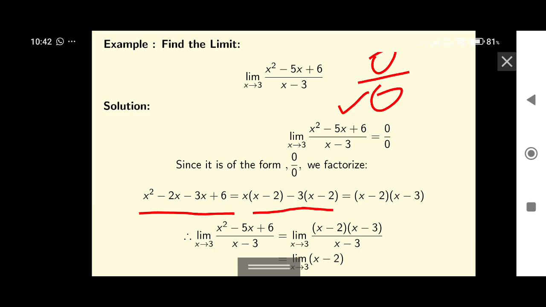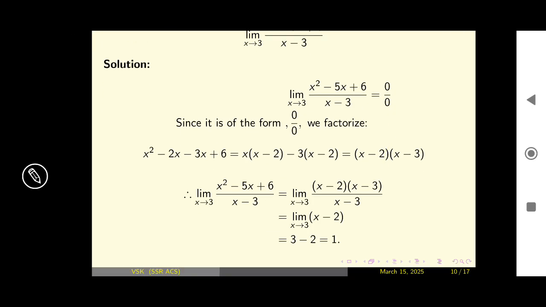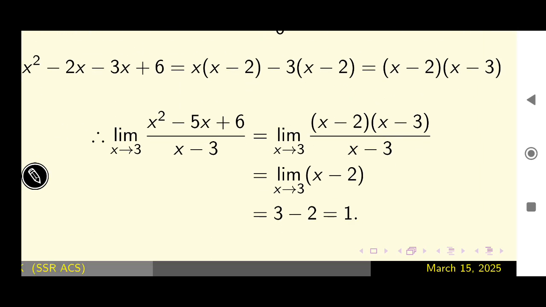Now from here, in the first two x is taken common, in the last two minus 3 is taken common, and from these two expressions we take x minus 2 common, so we get x minus 2 into x minus 3. Now putting these values over here, and x minus 3 gets cancelled, so we are left with the limit x tends to 3 of x minus 2, and now put the value, so you get the value 1.